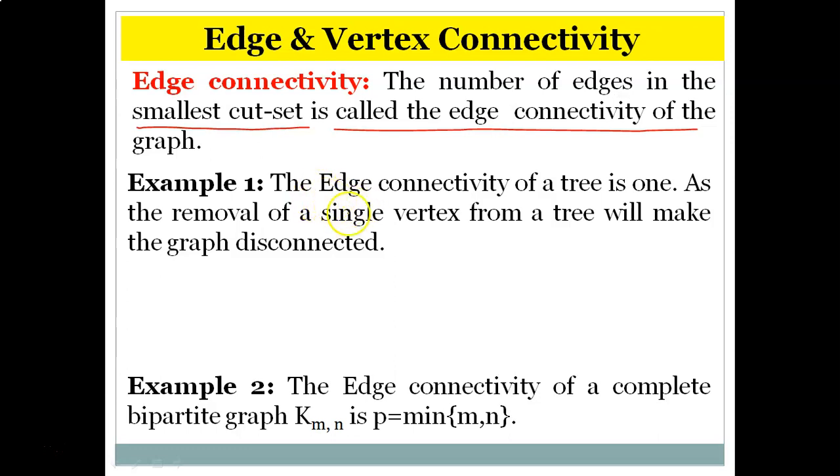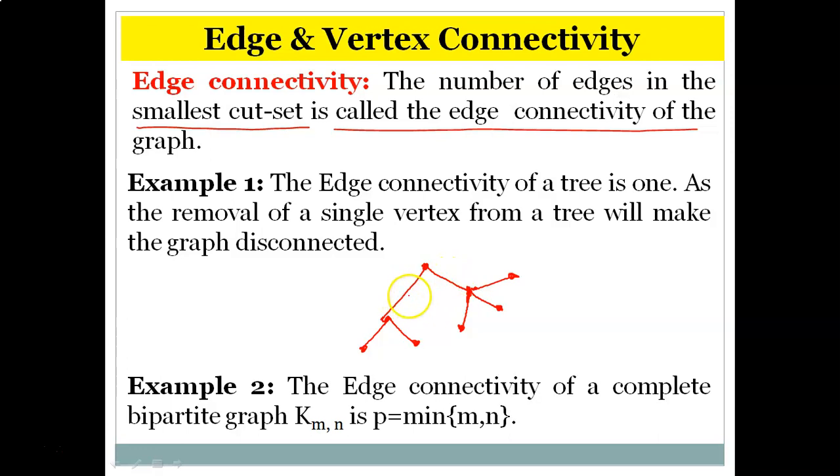For example, you can see the edge connectivity of a tree is 1, as the removal of a single edge from the tree will make the graph disconnected. Suppose here we are having a tree. Now in this tree, if I remove any one of the edges, suppose I am removing this edge, the graph is disconnected.